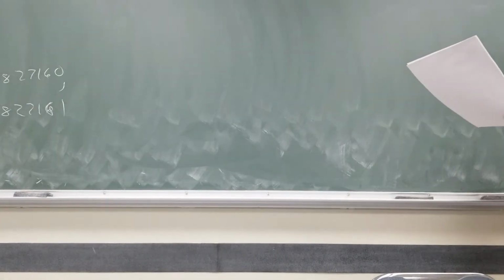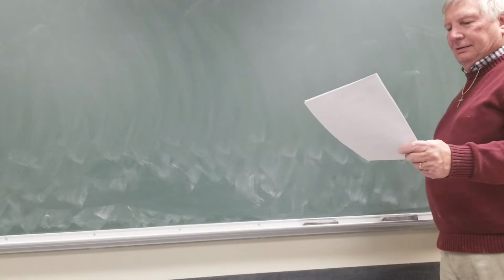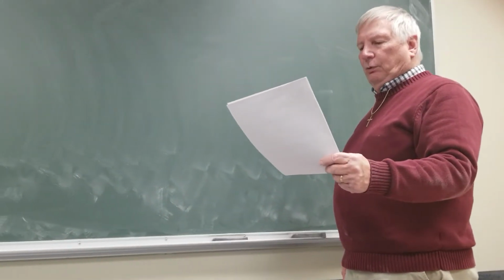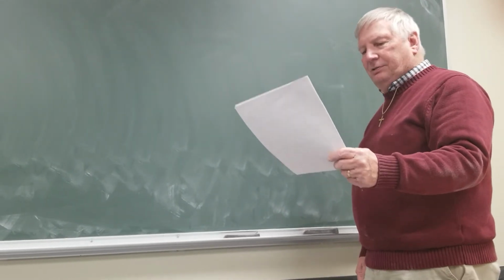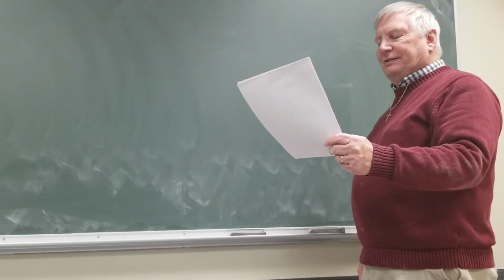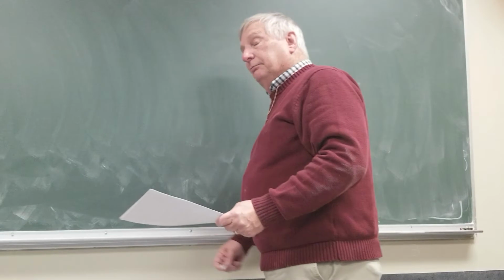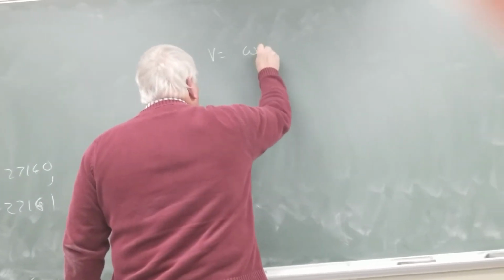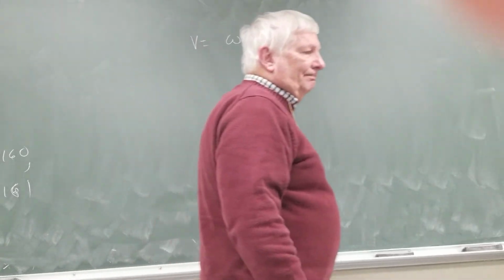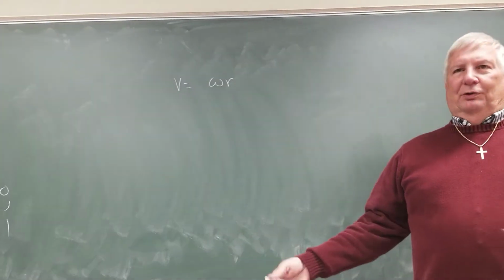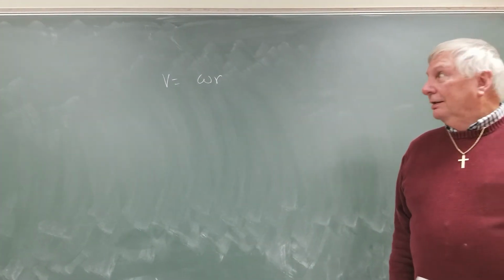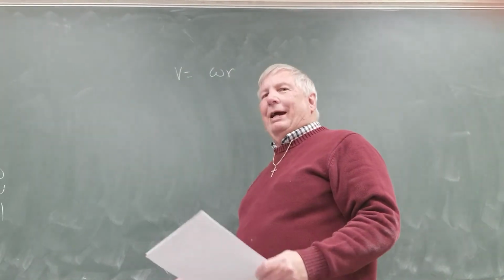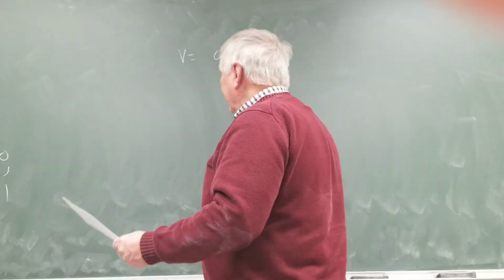Number 11. Find the linear velocity of the rim of a wheel in meters per second if the wheel has a radius of 36 centimeters and an angular velocity of 6,000 RPM. Basically, linear velocity is equal to angular velocity times the radius, with compatible units. So our angular velocity was given in RPM, but must be in radians per something.